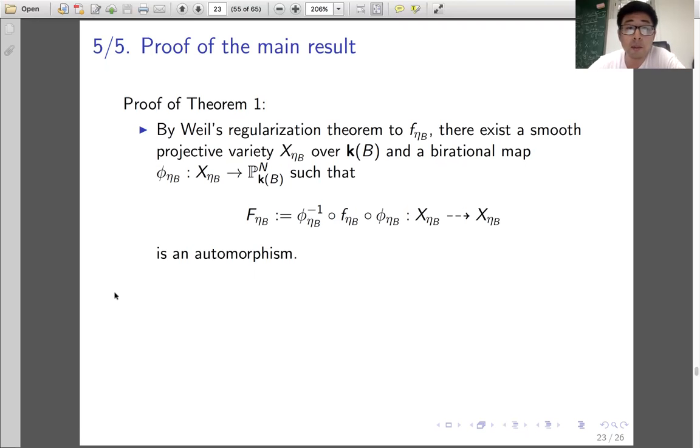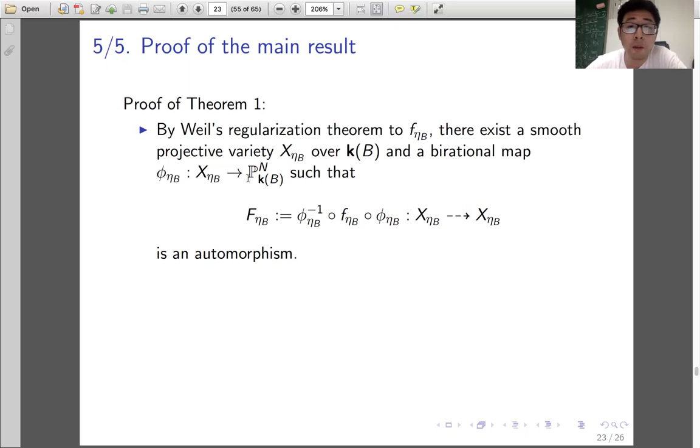Then there is a smooth projective variety X_{η_B} over K(B), and a rational map phi_{η_B} from X_{η_B} to the projective space Pn.